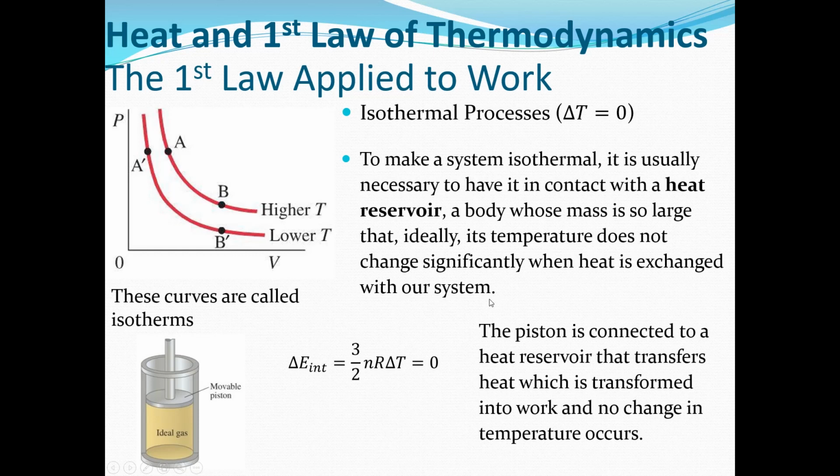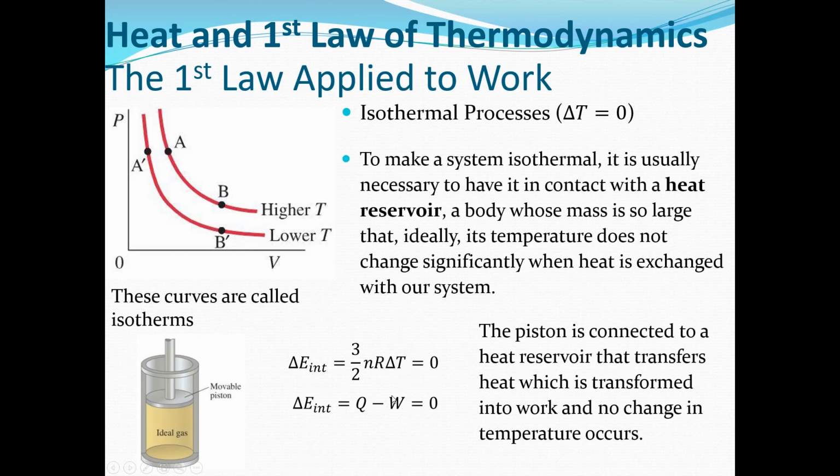Because the temperature remains the same, our internal energy doesn't change, because the equation is 3 halves nRT for the internal energy. So the change in internal energy is just that with delta T, so it ends up being equal to 0.